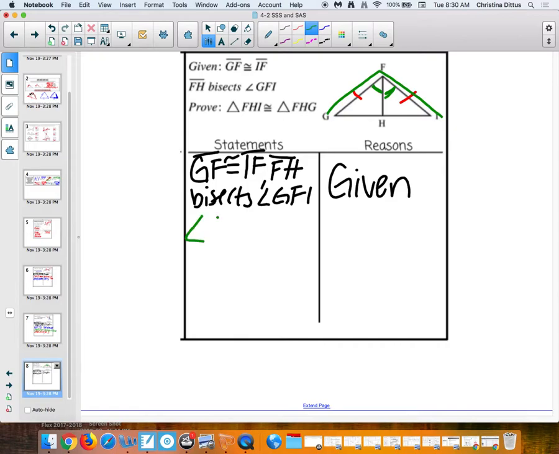So angle GFH is congruent to angle IFH. Is it because they're vertical angles? No. Why are my angles congruent? Not reflexive, they're not the same. The definition of a bisector.